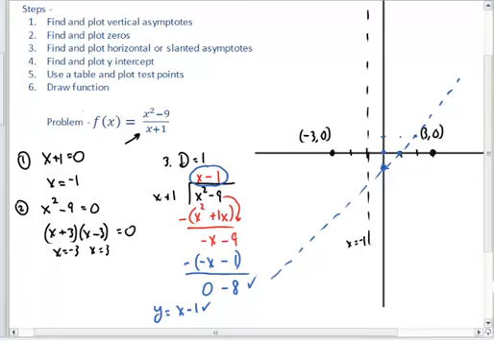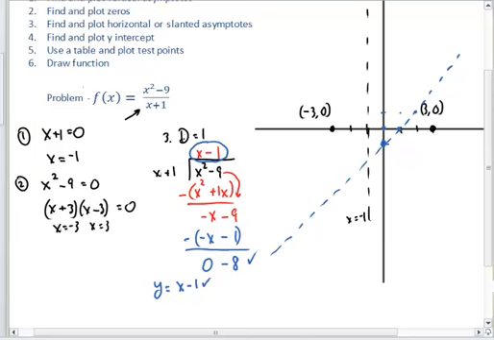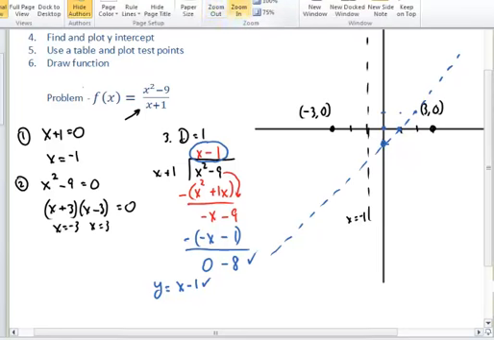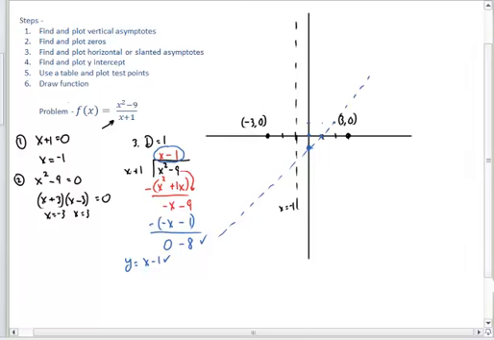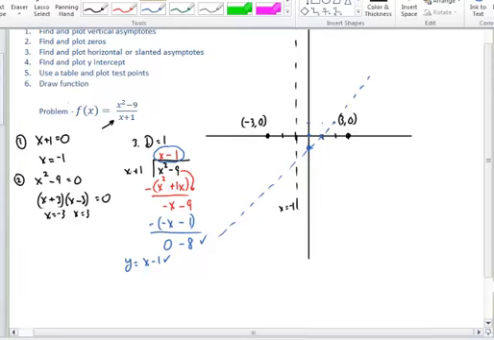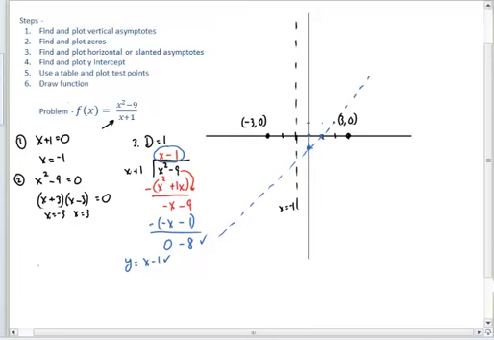So now we're going to draw a table, and we're going to use some test points to figure out what's going on with this function. Remember in the last video we talked about having different zones for plotting and also finding our y-intercept. So the first thing in step 4 would be to find our y-intercept. That means finding what f of 0 is.